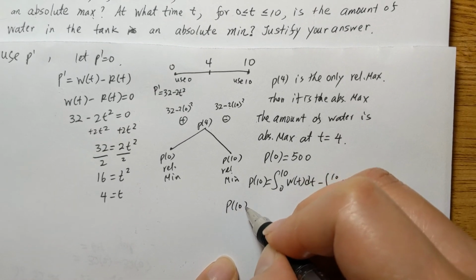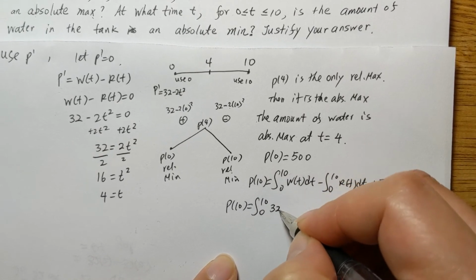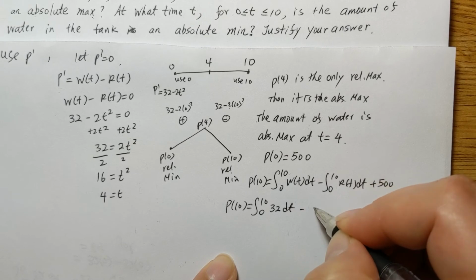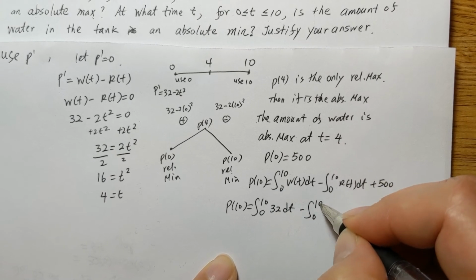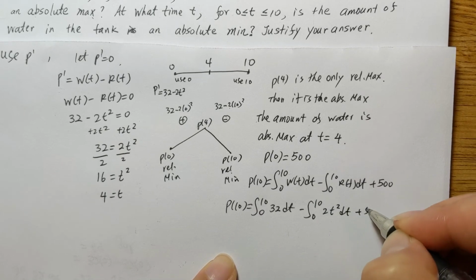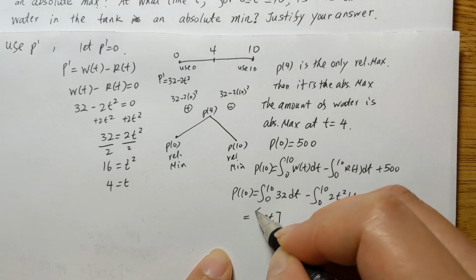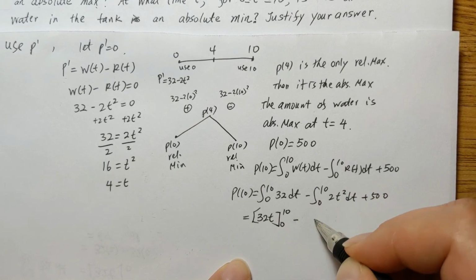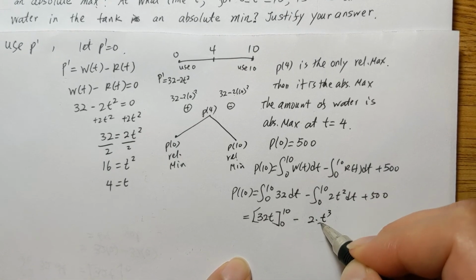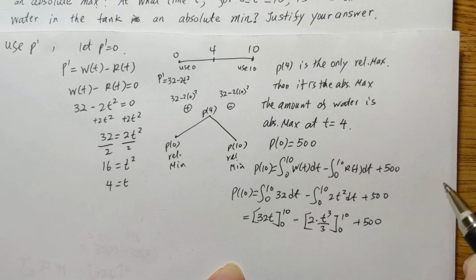So we got P of 10 equal to the integral from 0 to 10 of 32 dt, since W(t) is 32, and then minus the integral from 0 to 10 of R(t), which is 2t squared. Now we're going to integrate. So we get 32t from 0 to 10, and minus 2 times t to the third power over 3, from 0 to 10, and plus 500.